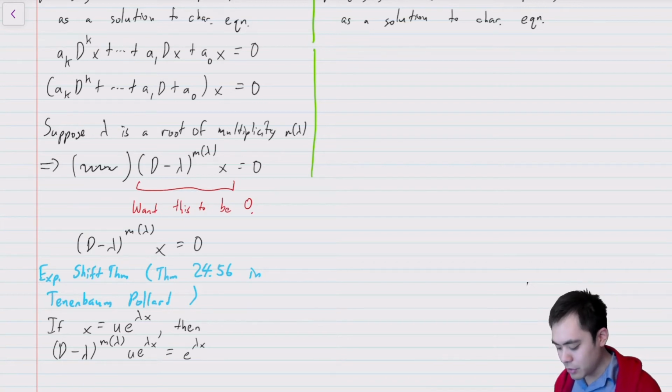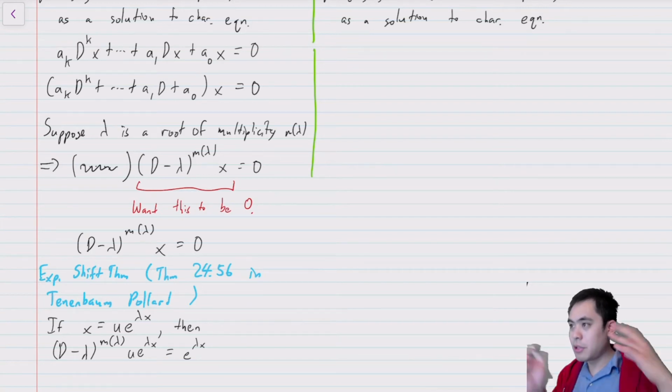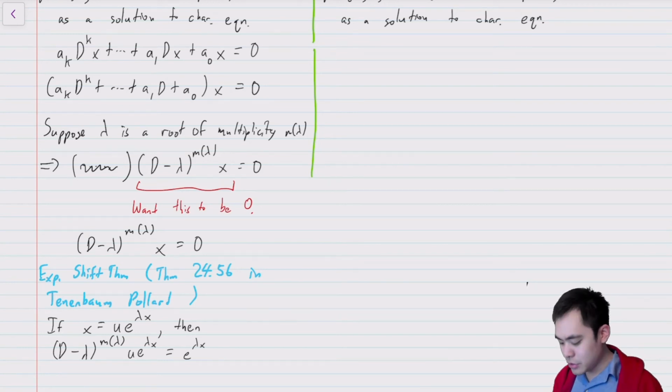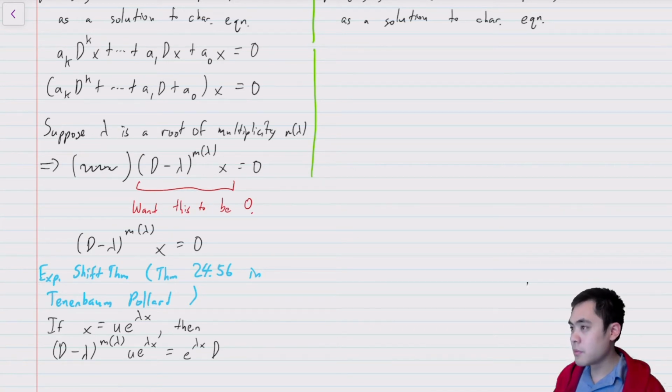Sorry, the polynomial applied to D plus lambda, which is then going to be equal to, just putting this in here, since we've shifted it, now it's just D to the m of lambda applied to u.